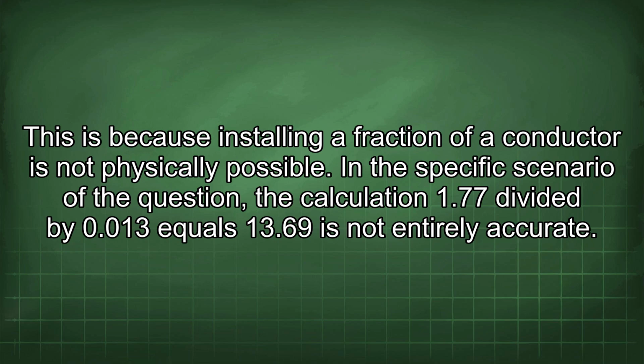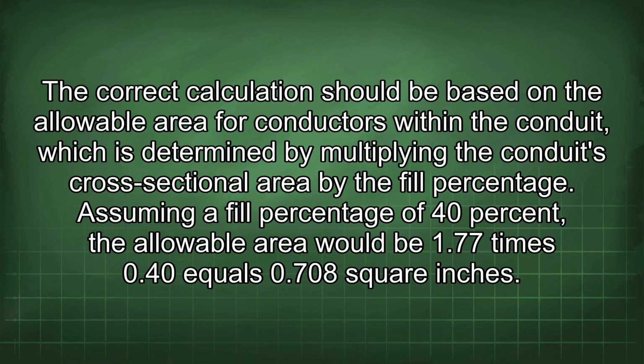In the specific scenario of the question, the calculation 1.77 divided by 0.13 equals 13.69 is not entirely accurate. The correct calculation should be based on the allowable area for conductors within the conduit, which is determined by multiplying the conduit's cross-sectional area by the fill percentage.